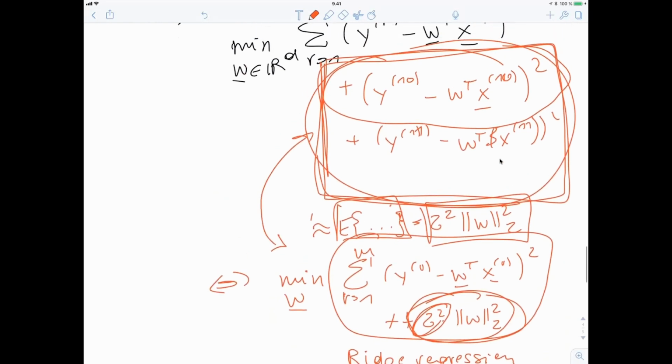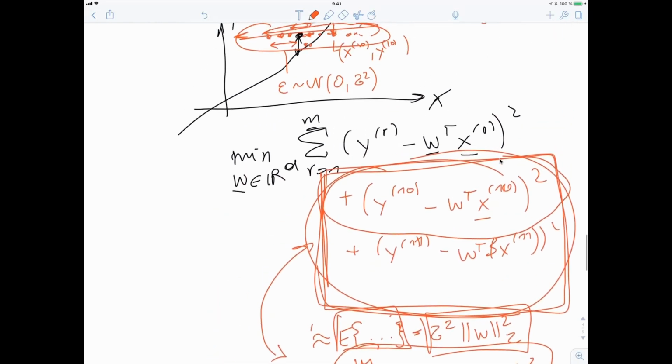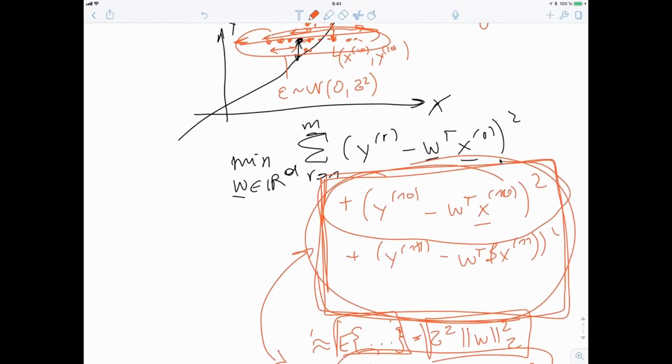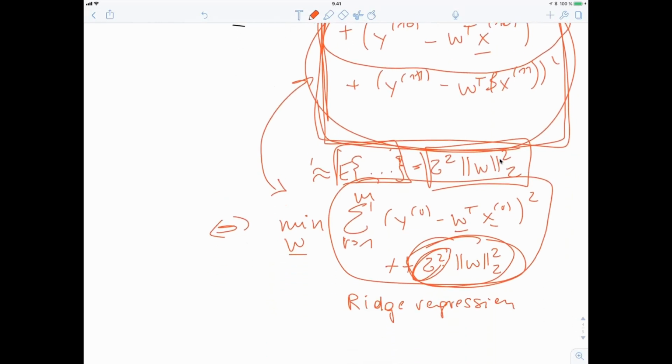Okay, so now I told you how to do regularization via data, by augmenting data points, adding more noisy versions of the original data points. And I have shown that this is essentially equivalent to adding a penalty term to the loss function. So we have basically modified the squared error loss by adding this additional term to the loss.